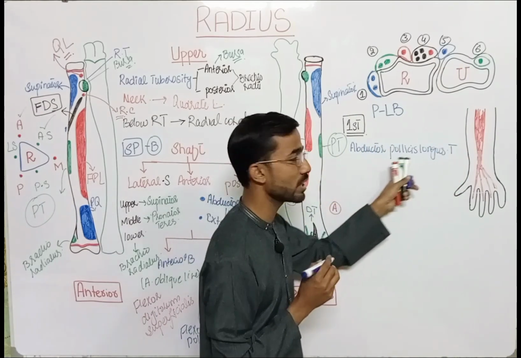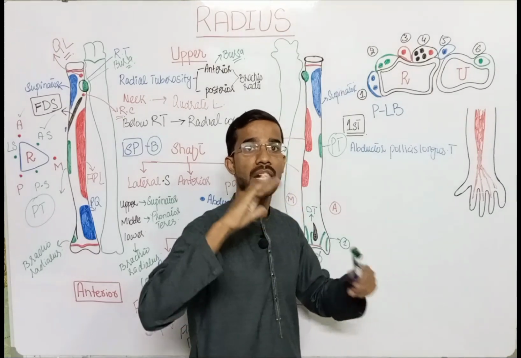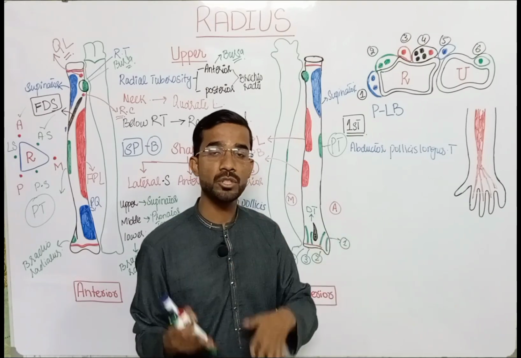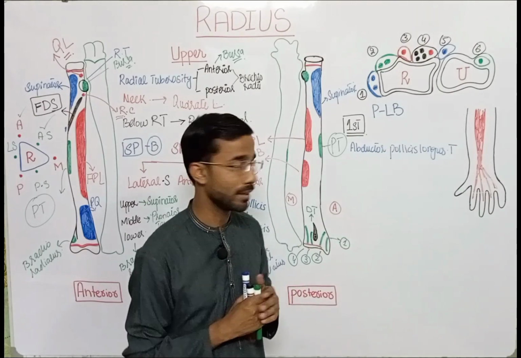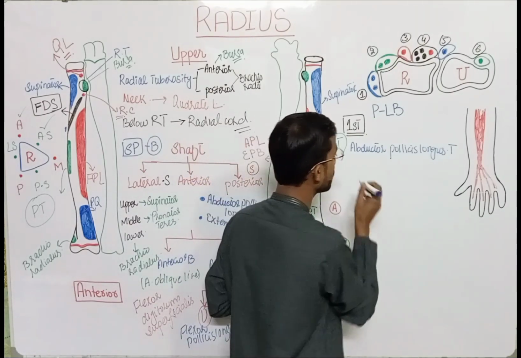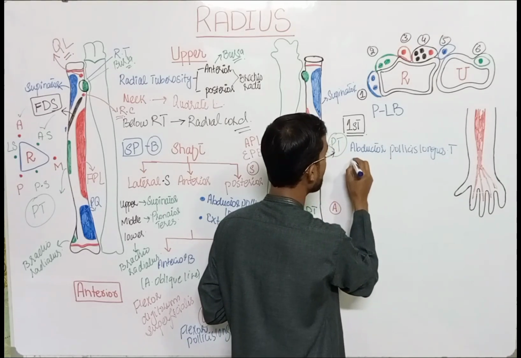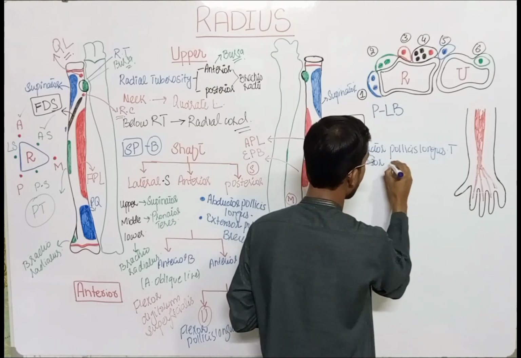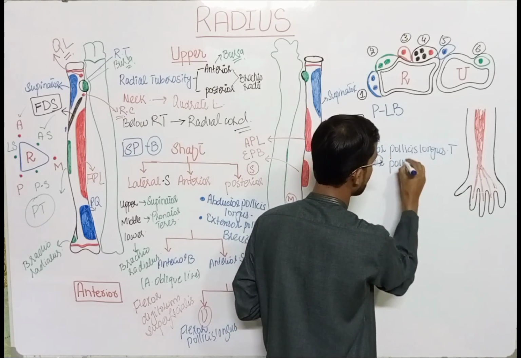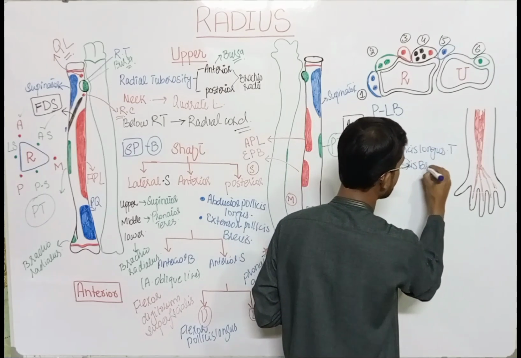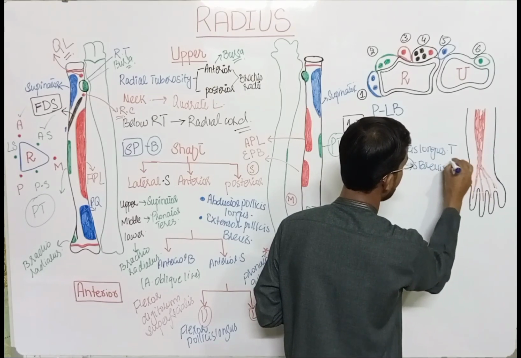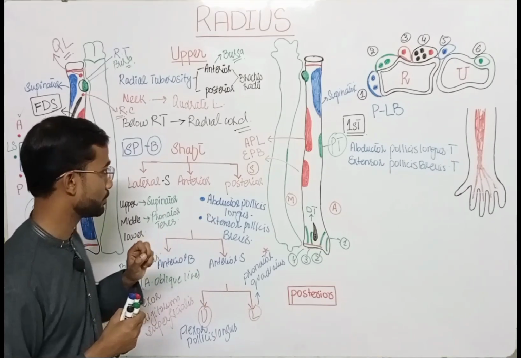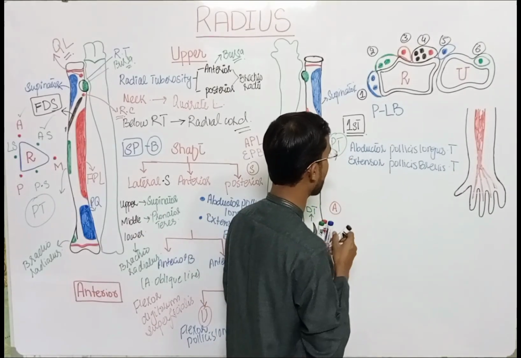Actually, the abductor pollicis longus muscle has a tendon at the last, as we know that the muscle attaches to the bone with the help of the tendon. So in this case, you will see the abductor pollicis longus tendon, and second is the extensor pollicis brevis tendon. So these are basically the two tendons.